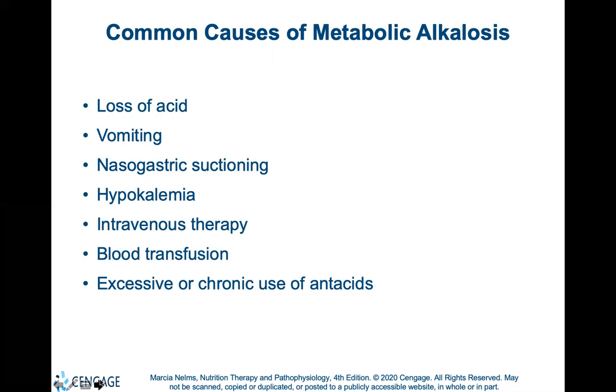To maintain serum potassium levels within safe range, the kidney will excrete hydrogen in exchange for potassium. Even though potassium may increase, the loss of hydrogen results in generation of more bicarbonate. This further contributes to alkalosis.